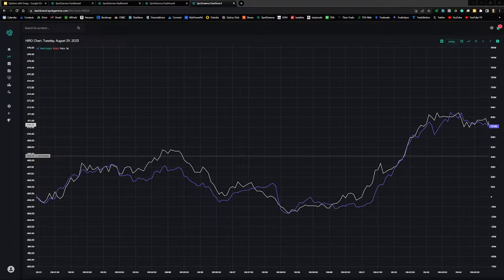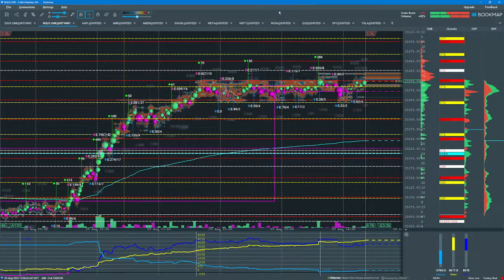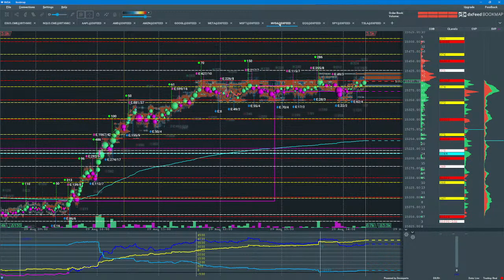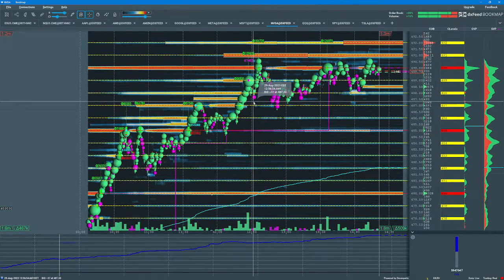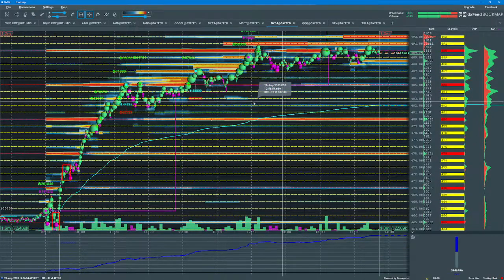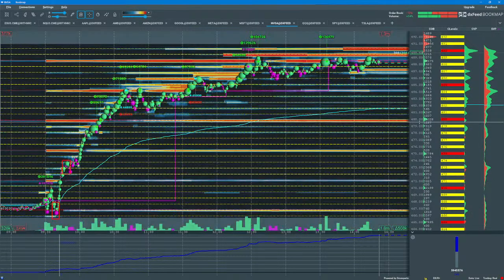Let's go take a look at Bookmap. So here's NVIDIA, one of the key drivers of price action in the NASDAQ and S&P 500 today, especially NASDAQ.